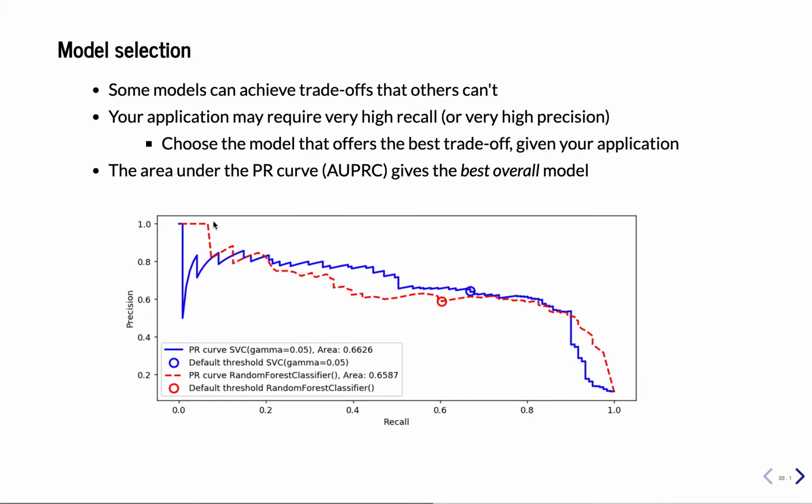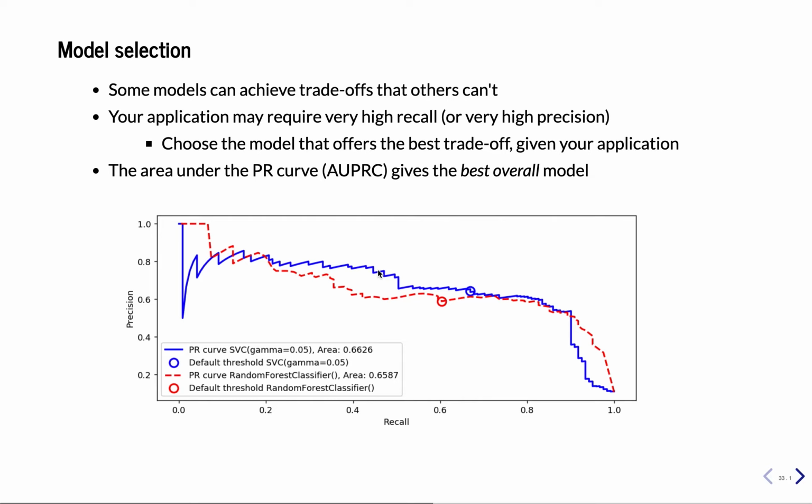All right. So you can use this also to choose between models. So in this case, I have the support vector machine in blue and the random forest in red. And you can see that, well, both of them give you different trade-offs. In the central area, which is like average recall and pretty high precision, support vector machines dominate.